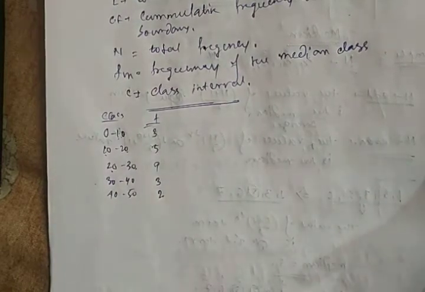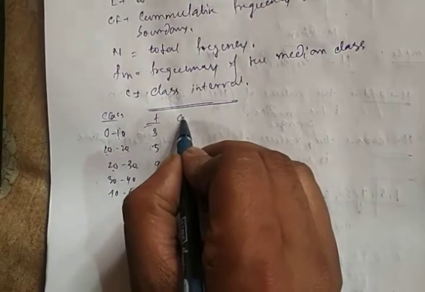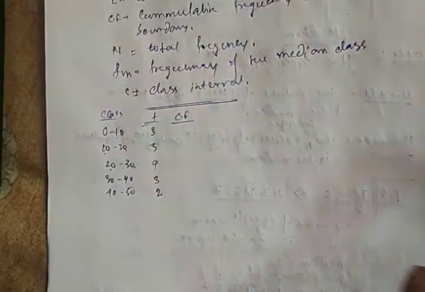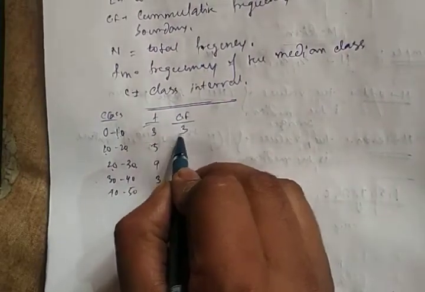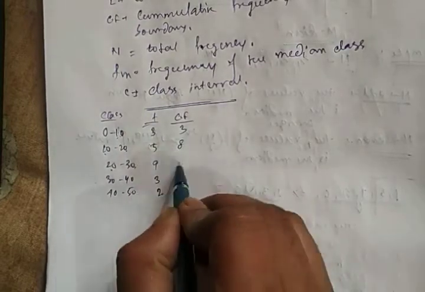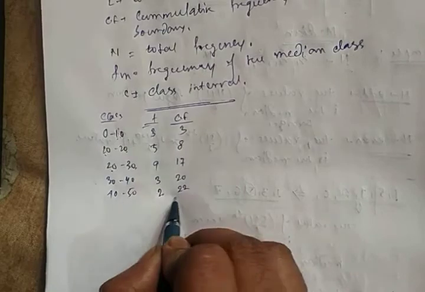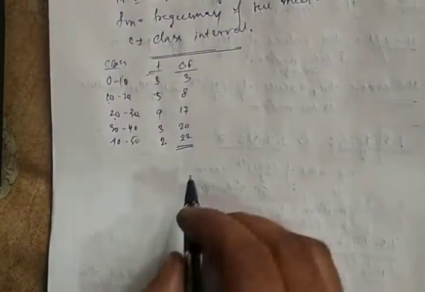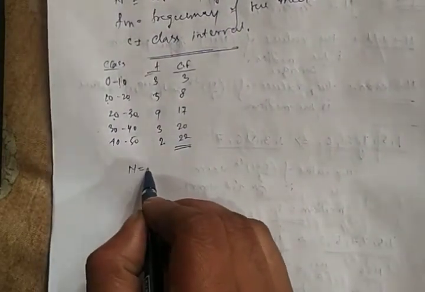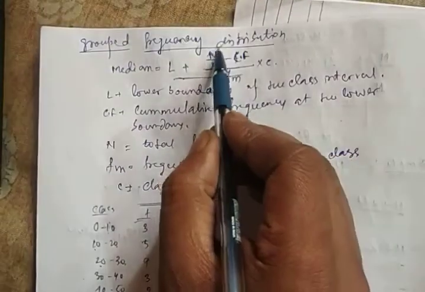So we have to find the median. First we calculate the cumulative frequency CF: 3, 8, 17, 20, 22. So the total number of observations n equals 22. As you see in the formula, we have to calculate n by 2.